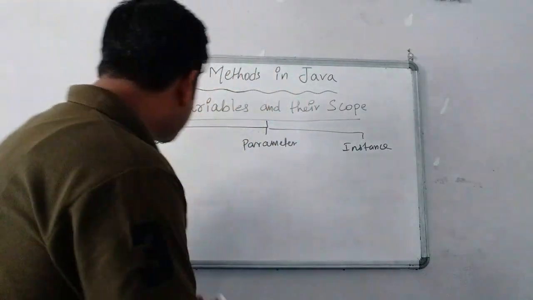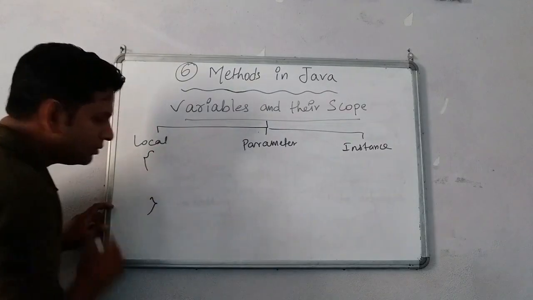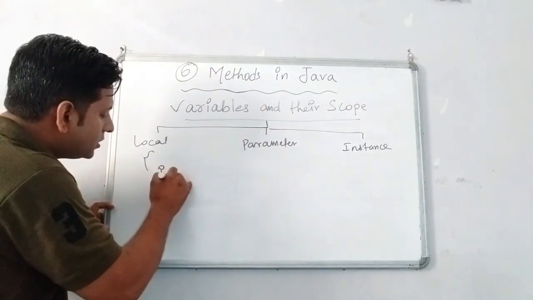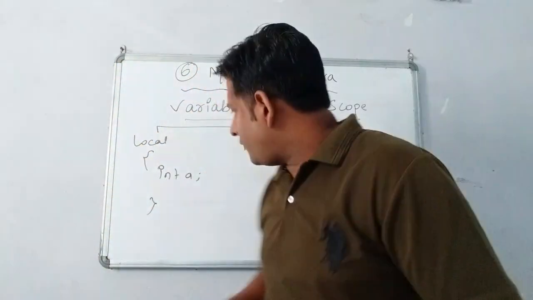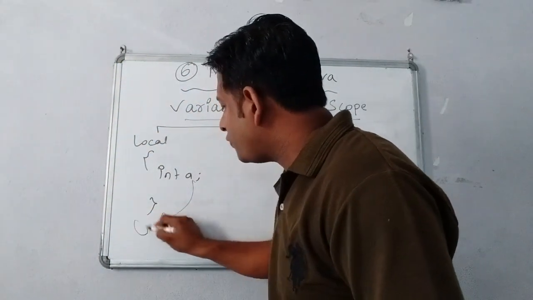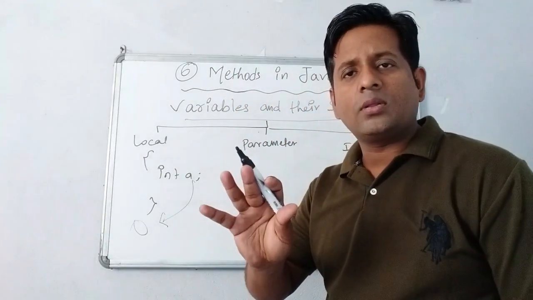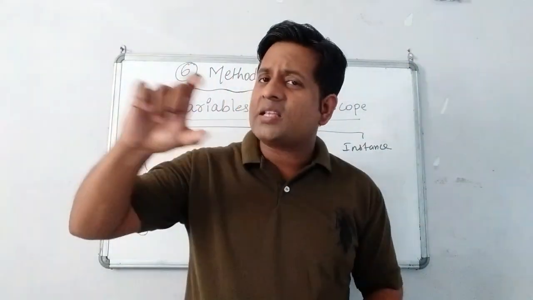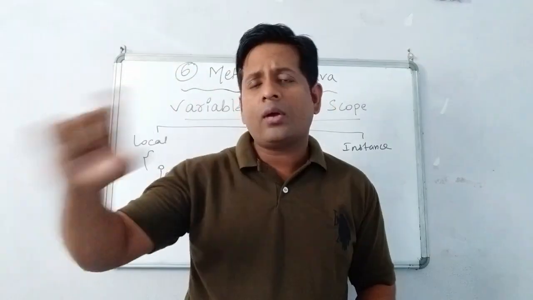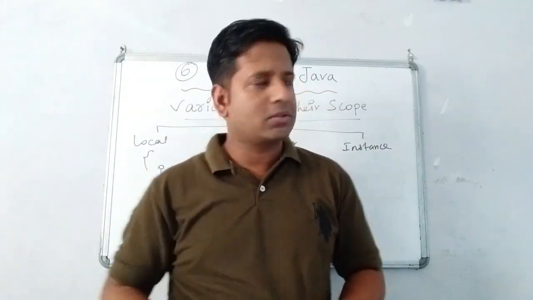So local variables means within this curly bracket. If I write here int a, this a is what? Local variable. After this curly bracket, if you try to find a here, not possible. Unknown variable. The name will not be known, because its life is within the pair of curly brackets. That is local variables.